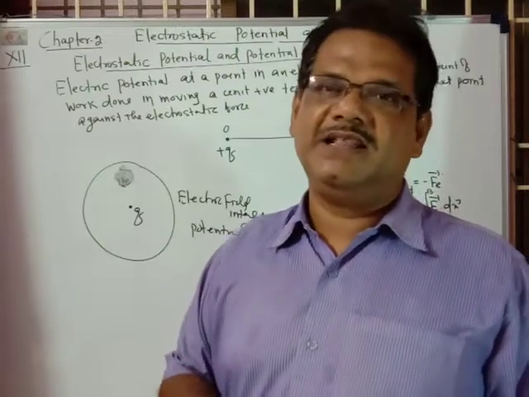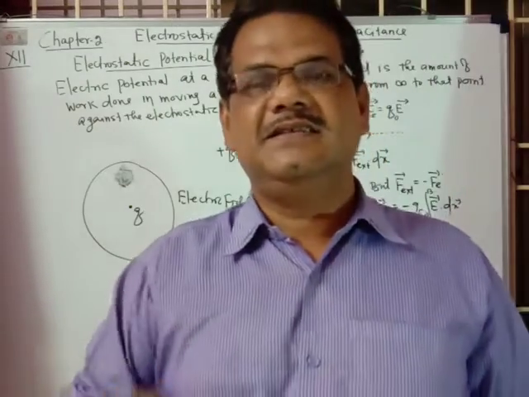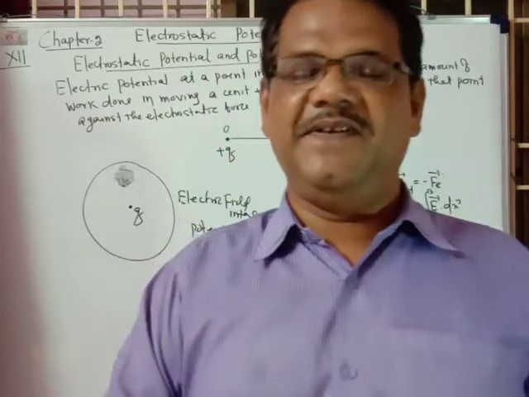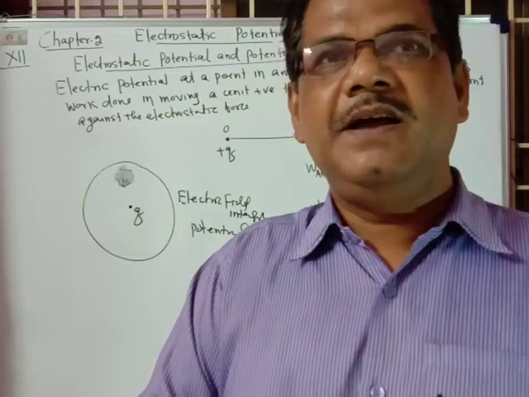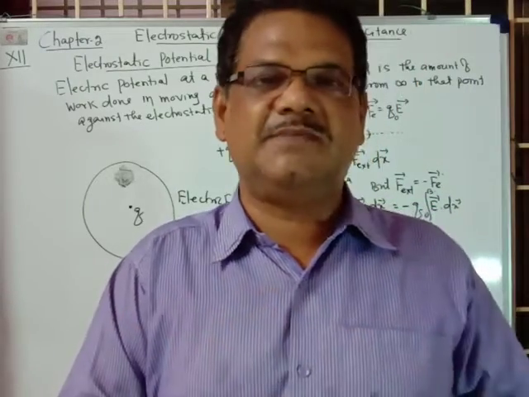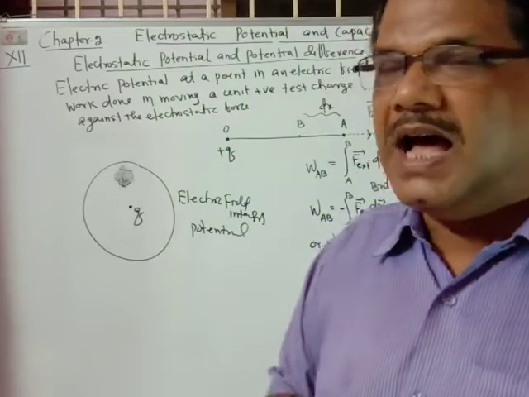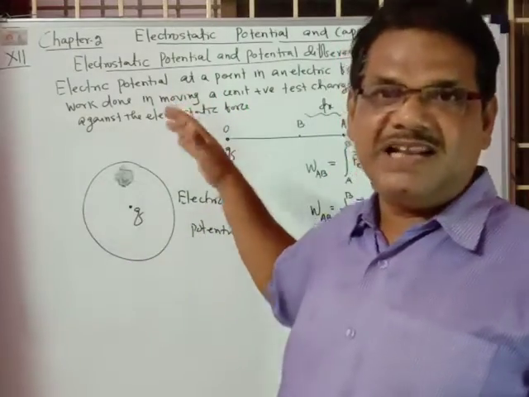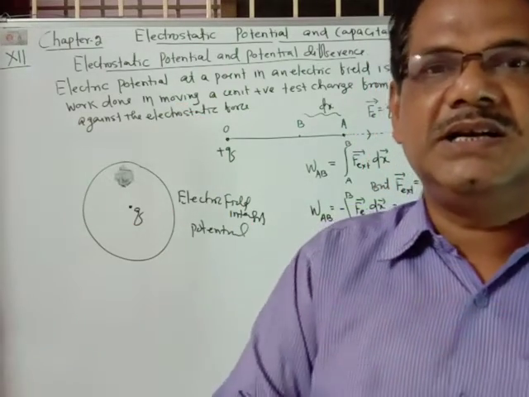And similarly, the electric potential is that term in the electric field which gives you the idea about how the charges are flowing from one point to another through the circuit, through a conductor. That potential and potential difference is responsible for the flow of current through the conductor.